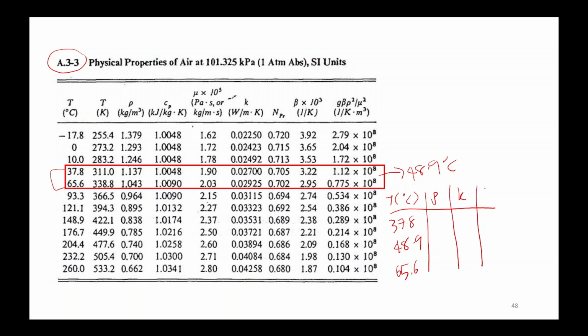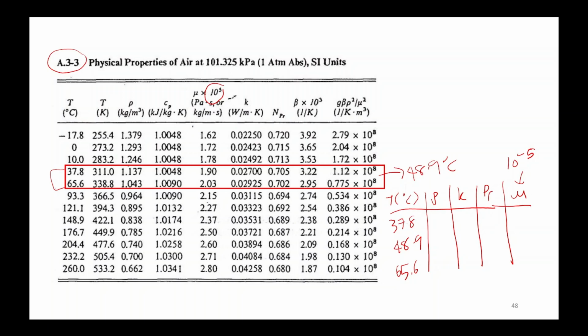We need k, the Prandtl number, and one more, mu. Please don't forget the mu value. Since the table had 10 to the power of 5, your mu final value would be 10 to the power of negative 5.